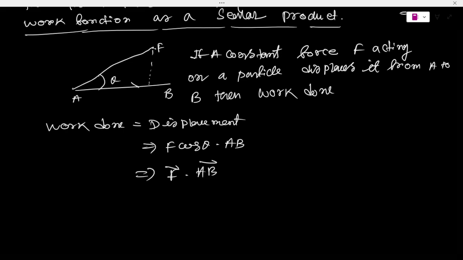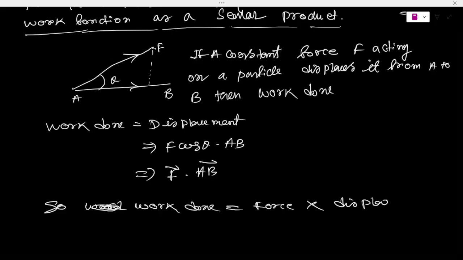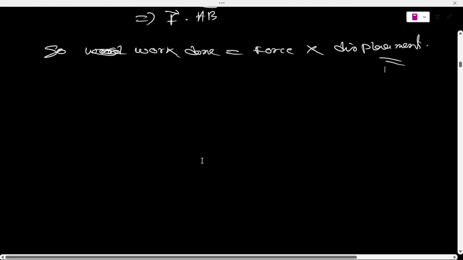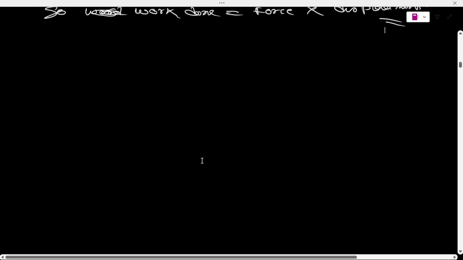This is in this direction, and this is also in this direction. So work done is equal to force into displacement. Clear it is? If it is clear, then move on to vector product or cross product.